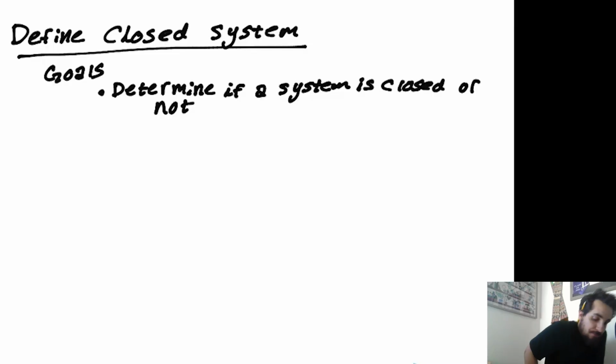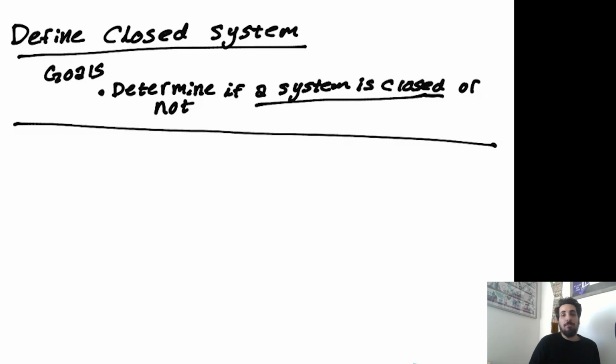When we take a look at this video, our goal is to learn how to determine whether a system is closed, because it is a closed system that conserves momentum. Now, there are really two requirements, two rules that a system must follow.